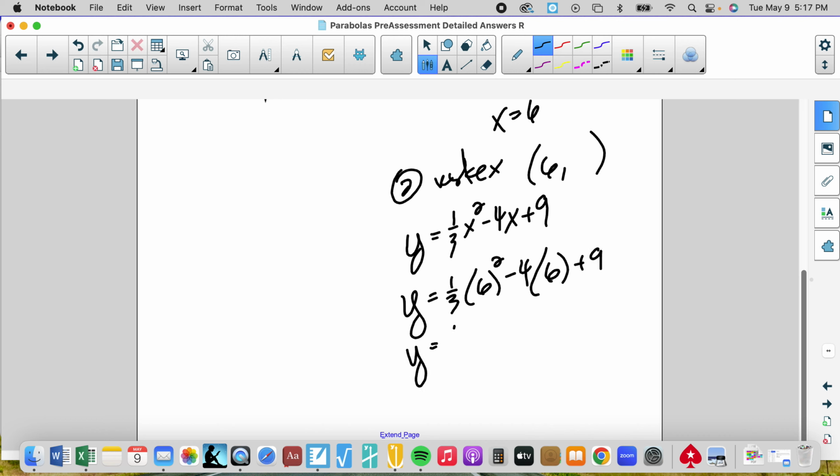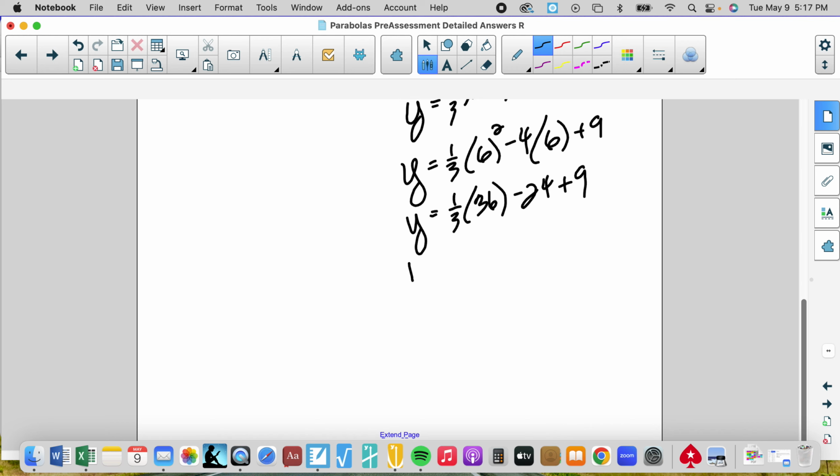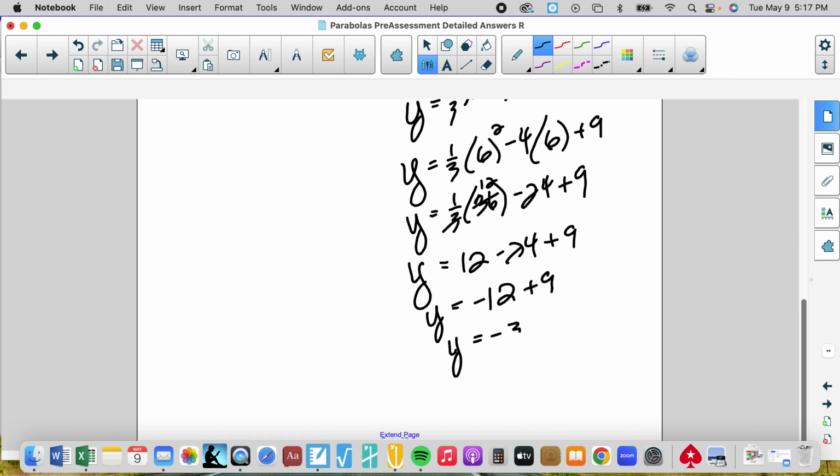We're going to square 6 first, which is 36. Negative 4 times 6 is negative 24. 3 in the denominator cancels with 36 to give 12. So we get 12 minus 24 plus 9. Y equals negative 12 plus 9. Y equals negative 3.